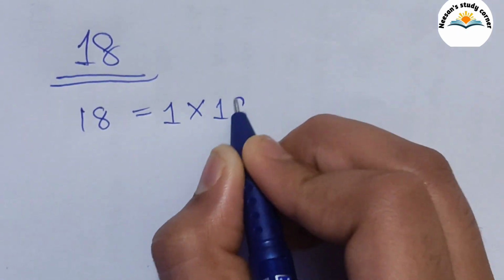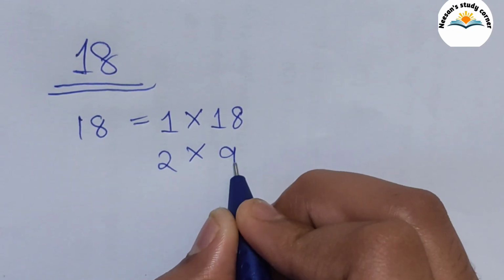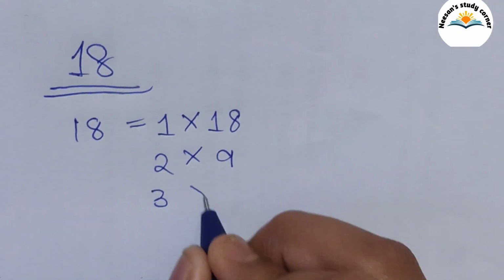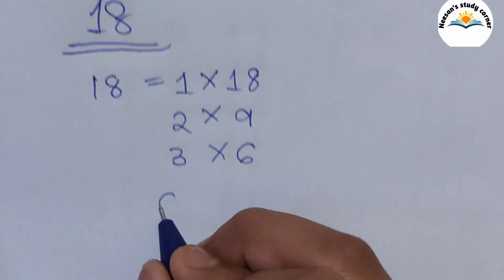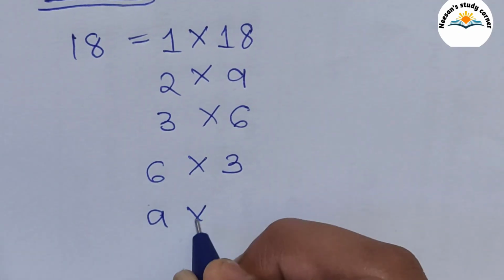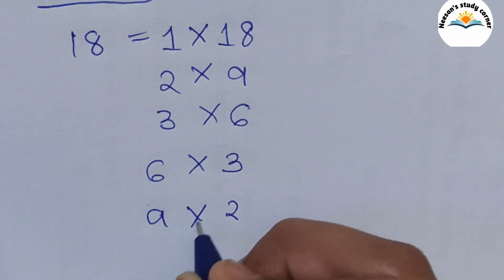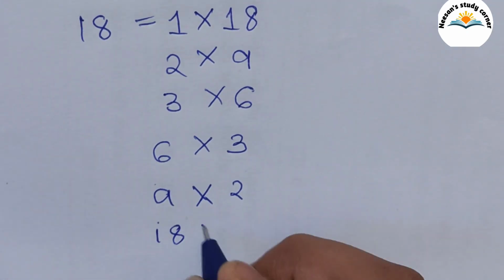To help you understand more, let's do another example. Write all the factors of 18. For this, different possibilities are there. 18 equals 1 into 18, 2 into 9, 3 into 6, 6 into 3, 9 into 2 and 18 into 1.